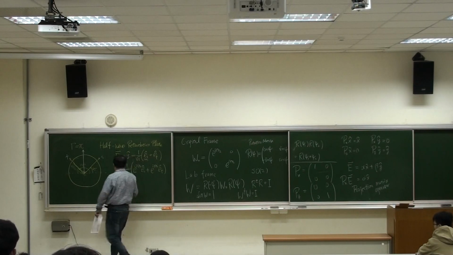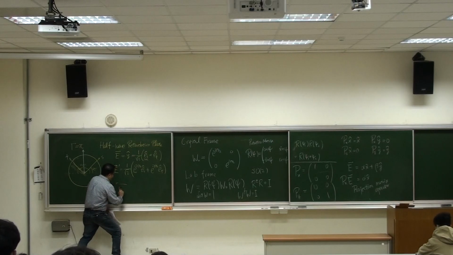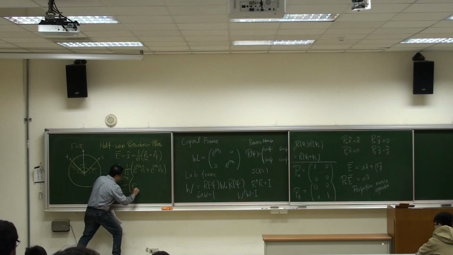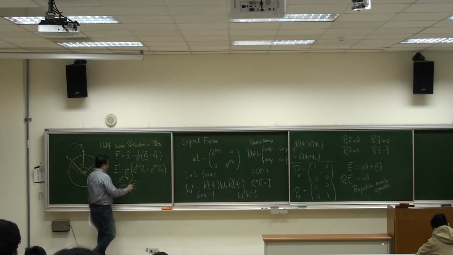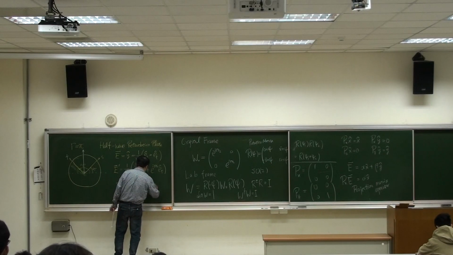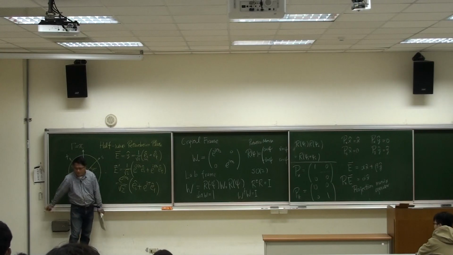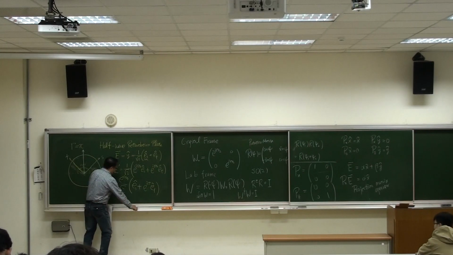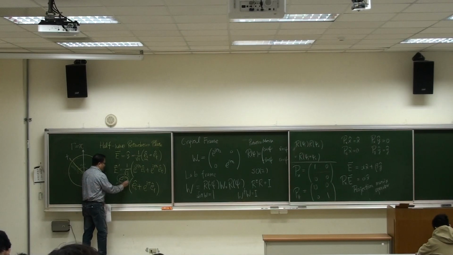Then we factor out this exponential minus i gamma over 2 and find this ES plus exponential i gamma EF. And remember that this factor is irrelevant.